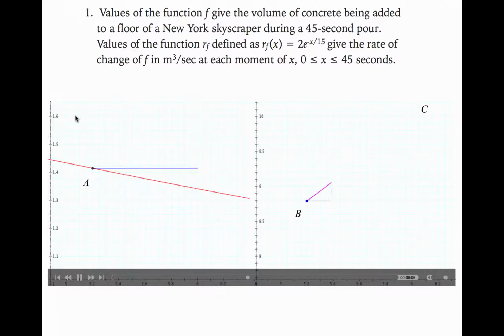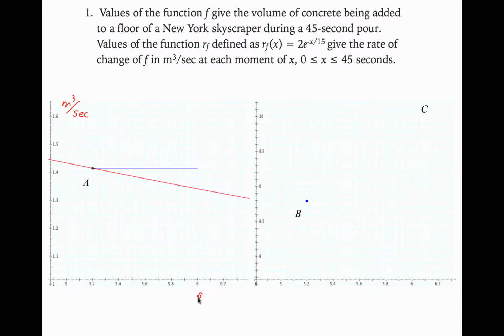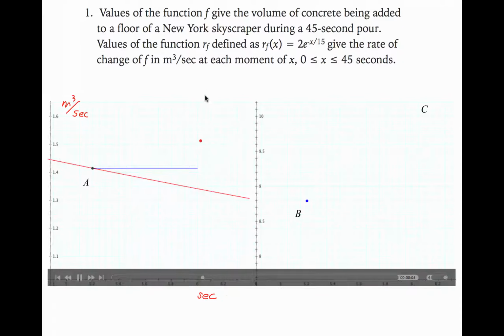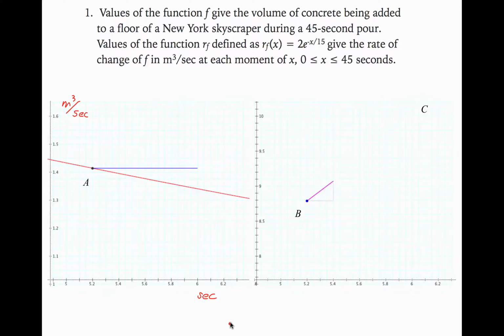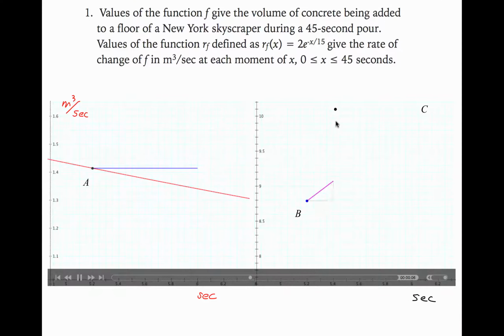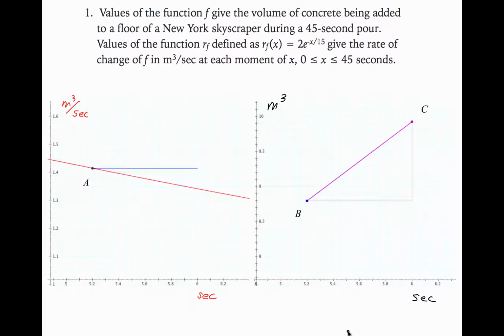So this has units of meters cubed per second, the y-axis on the left graph, and the x-axis on the left graph has units of seconds, and so does the x-axis of the right graph. And since this is our quantity graph, it has units of meters cubed.